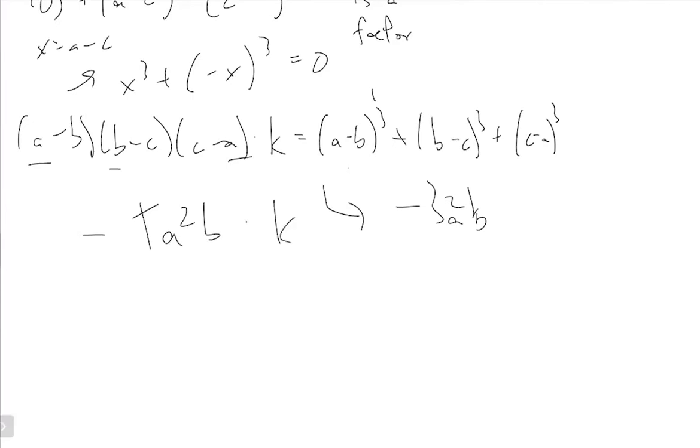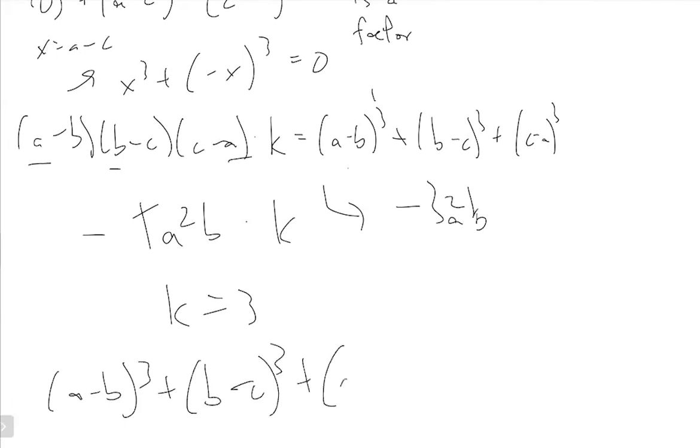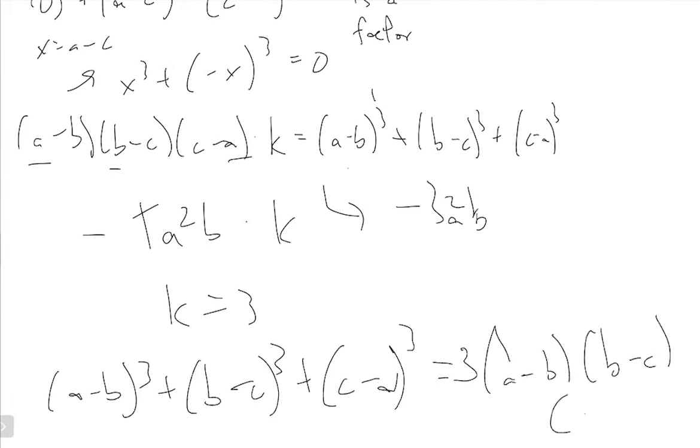So if the left-hand side and the right-hand side are indeed equal, that means K must equal 3, and then we've solved the problem. So A minus B cubed plus B minus C cubed plus C minus A cubed is equal to 3 times A minus B, B minus C, C minus A. And you can also find that K equals 3 via other methods.